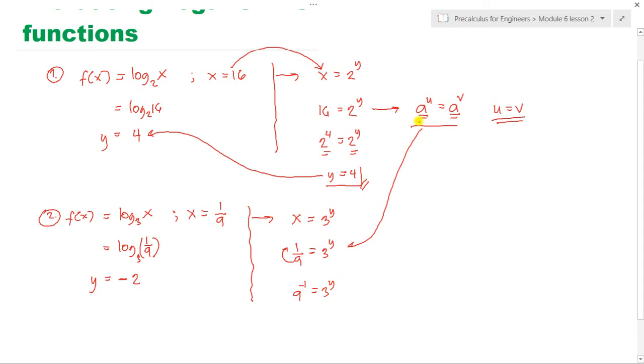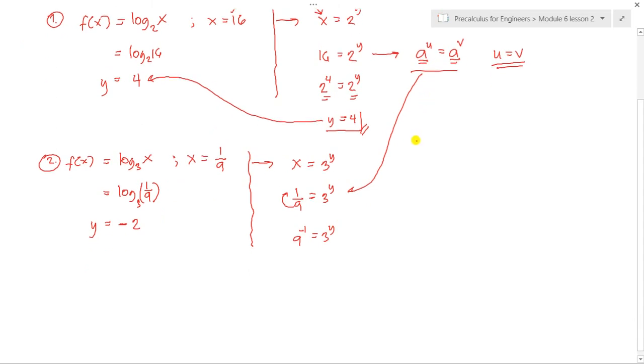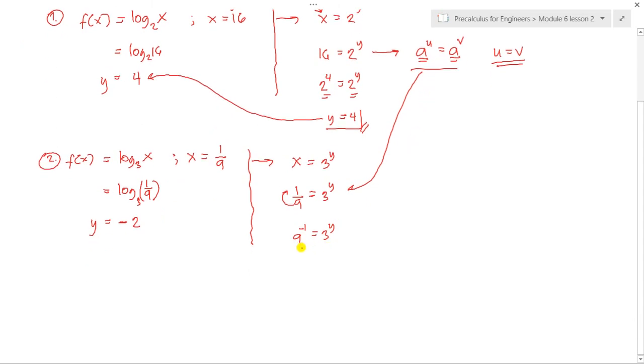Applying the principle a raised to u equals a raised to v, we transform 9 into a factor of prime numbers. 9 can be factored as 3 squared. So 3 squared raised to negative 1 is equal to 3 raised to y.